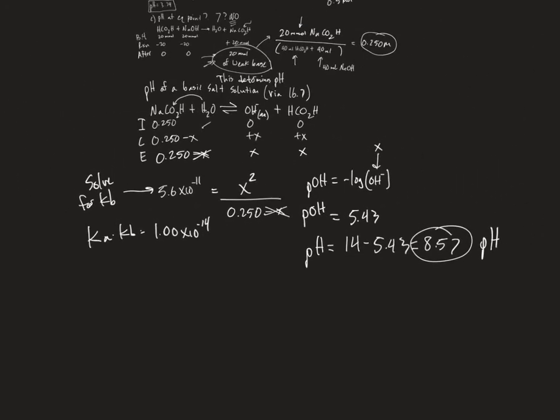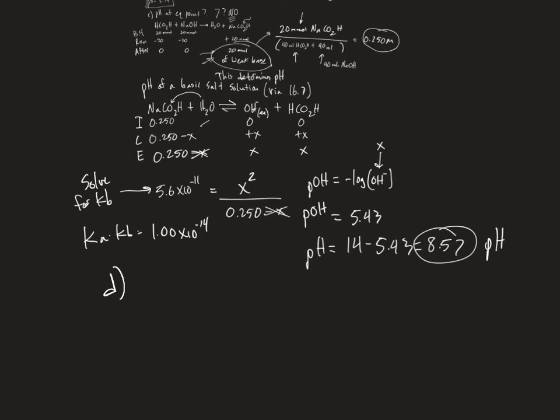Step D. This says when the equivalence point has been reached and 2 milliliters of excess NaOH has been added to the solution. So pH, 2.0 milliliters of excess OH minus is added.